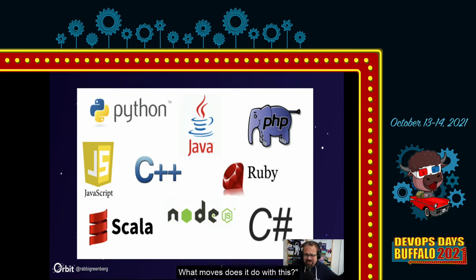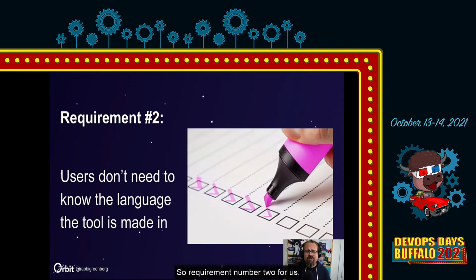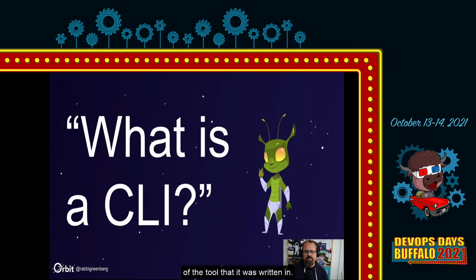What am I supposed to do with this? So requirement number two for us was users don't need to know the language of the tool that it was written in. In fact, they don't even need to care about that at all. And they shouldn't have to care about the language of the tool that it was written in.